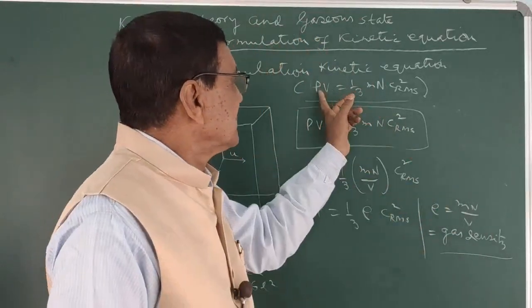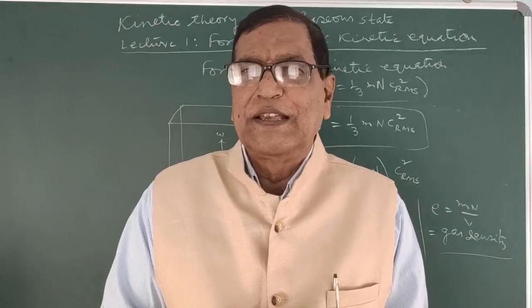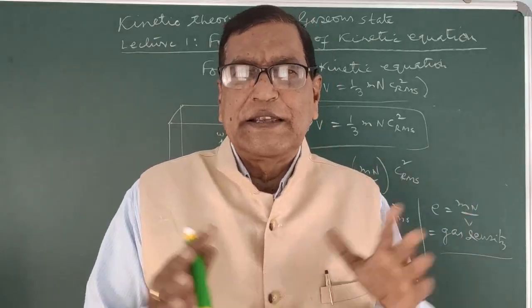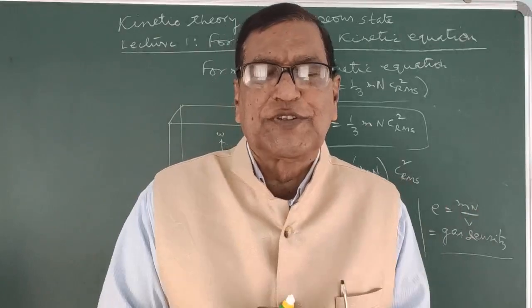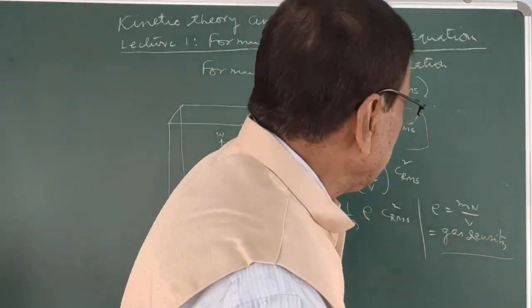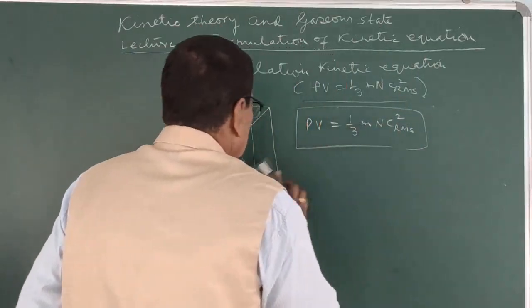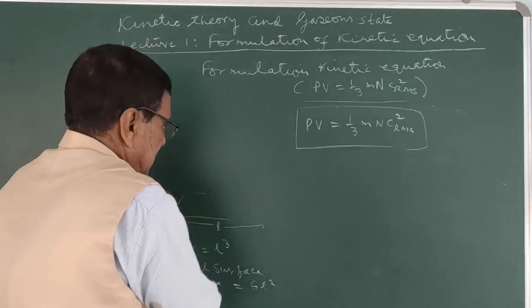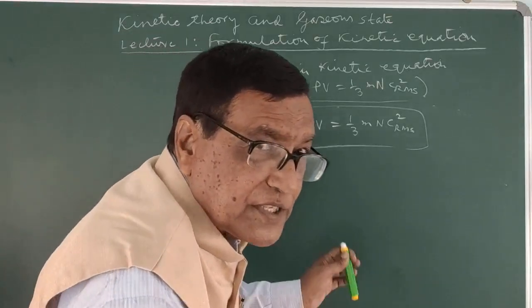Our kinetic equation is this one, and from this equation we can do several things which are not possible to determine experimentally. Suppose the magnitude of RMS speed. What will be the magnitude of this RMS speed in a gas? This is not possible to determine experimentally, but we can calculate it easily from this theory.